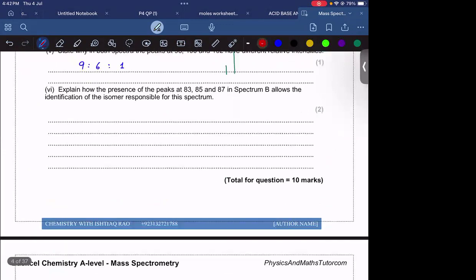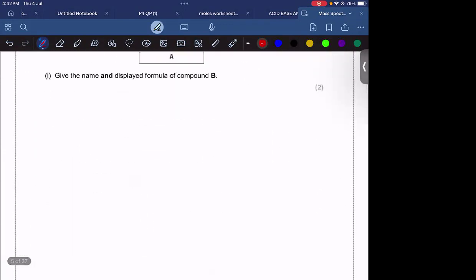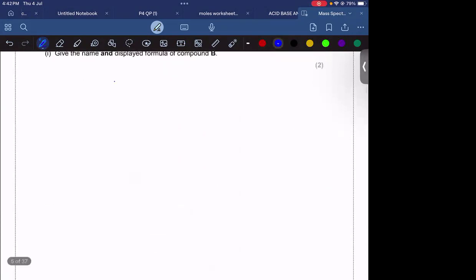Let me show you some working, why I'm supposed to write 9:6:1. So as you know this is a chlorine molecule, and I told you the possibilities. The first possibility is chlorine 35. Then the possibility is chlorine 37.